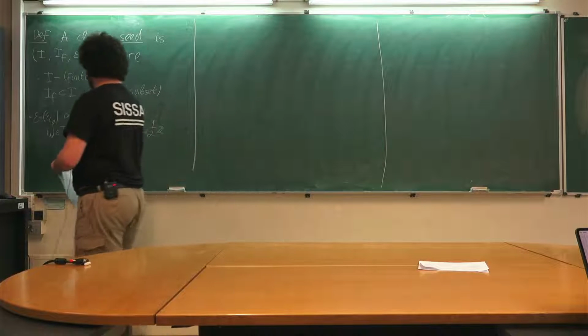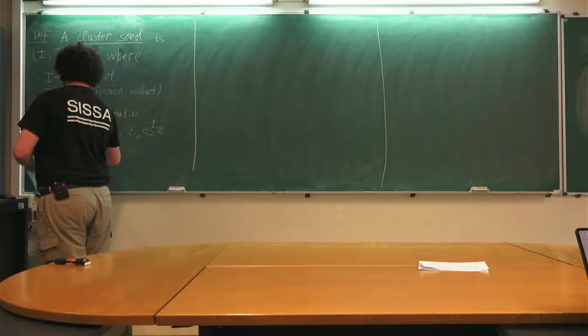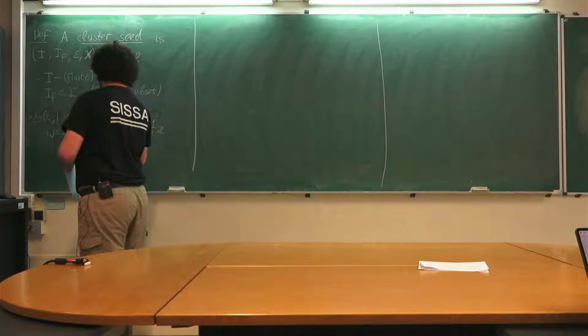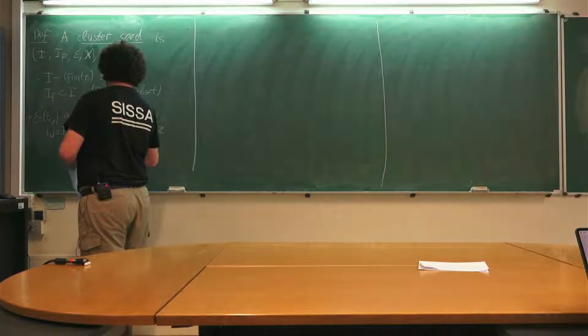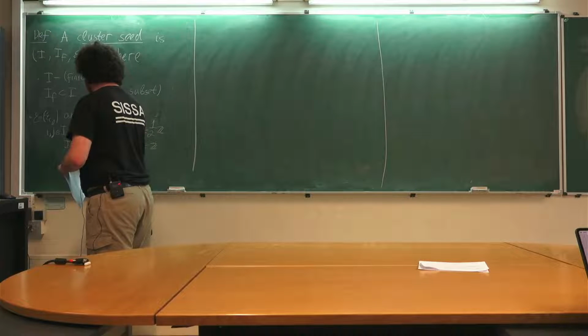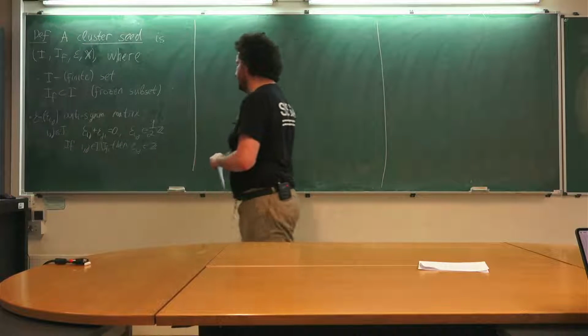And if both i and j are unfrozen, then epsilon_ij is an integer.